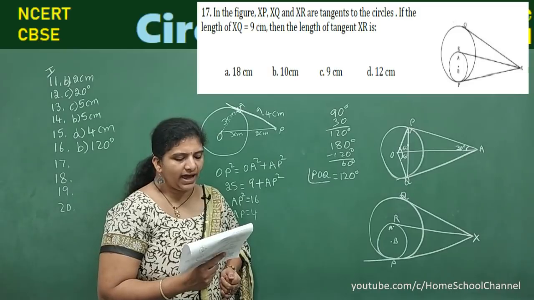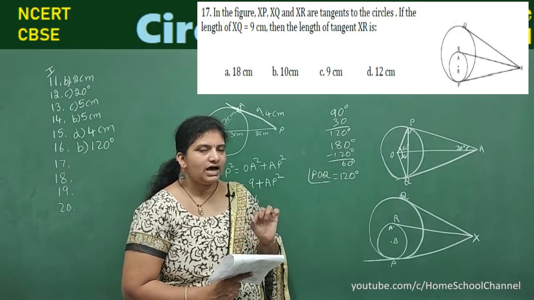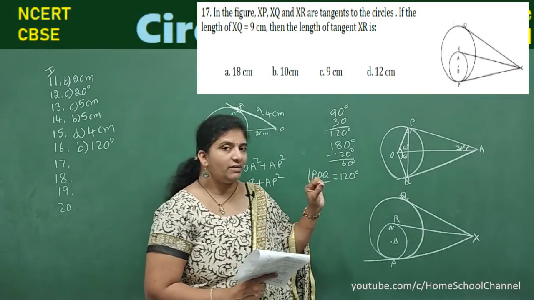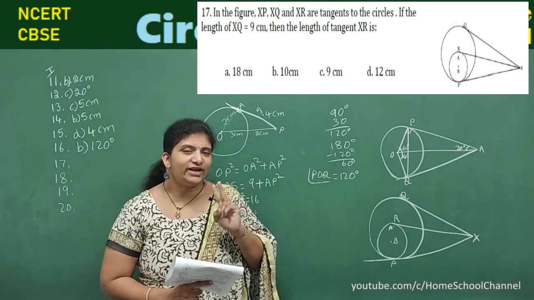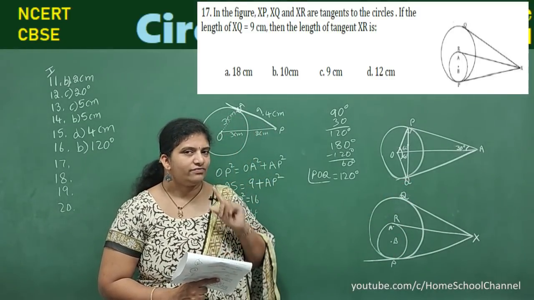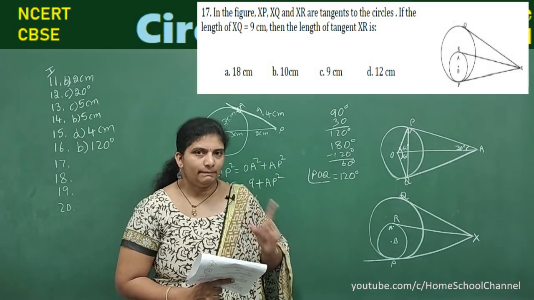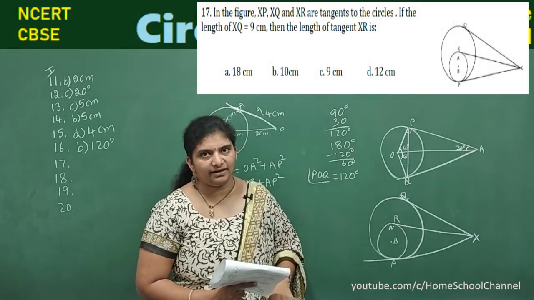XP, XQ and XR are tangents to the circles given. Observe carefully. X is external point, okay. But from there, 3 tangents arrived for 2 different circles. From an external point, we can draw only 2 tangents. But here, not only one circle, another circle also there.